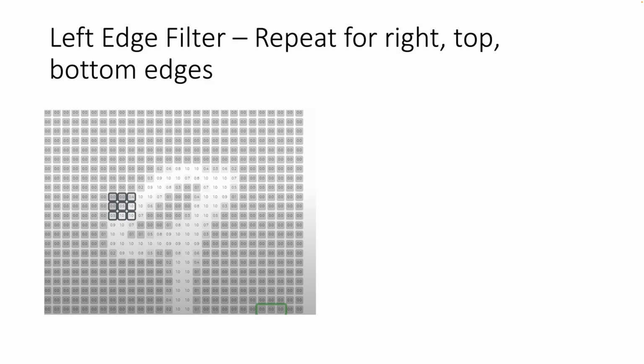And of course we could repeat this for the right, top, and bottom. And then if we were to superimpose these, we would get all the edges. Now, I'm not saying that's exactly what a convolutional layer does. I'm just demonstrating what a filter does.